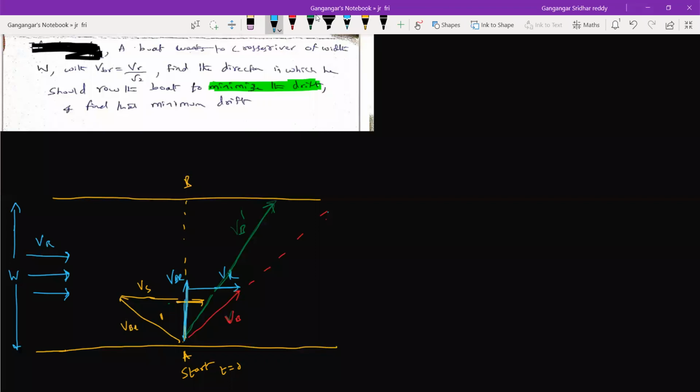I'm showing two different situations in different colors. Look at that yellow color one. If the boat follows the yellow path, it will be available here, say C dash. If the boat follows the blue path, you'll be available at C.